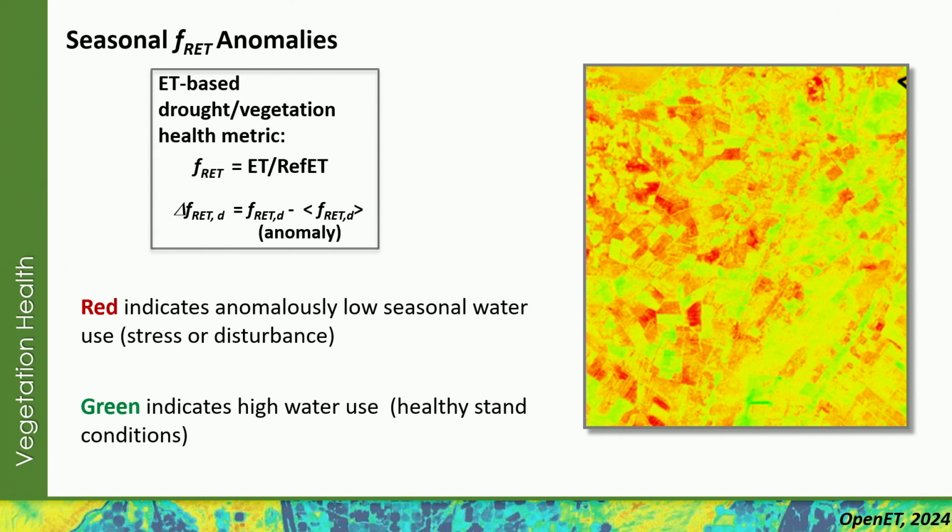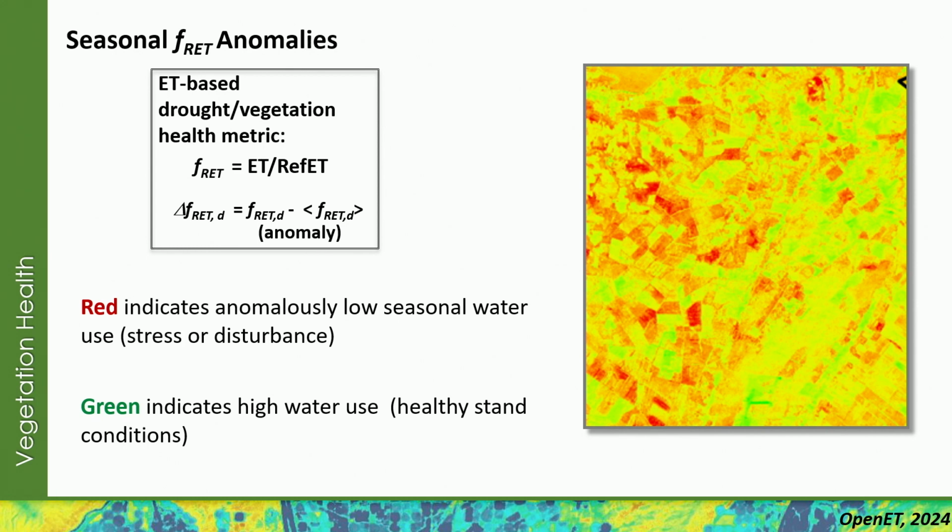So what we do here to remove that weather impact, to focus more on the vegetation and soil condition, is we normalize the ET with the reference ET. We call it FRET.